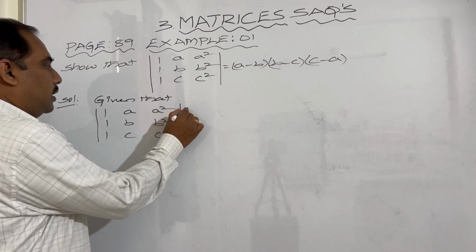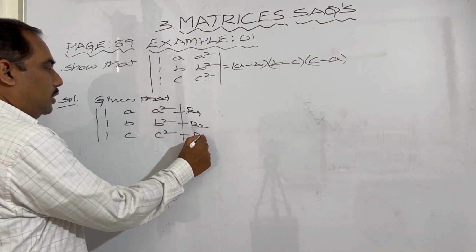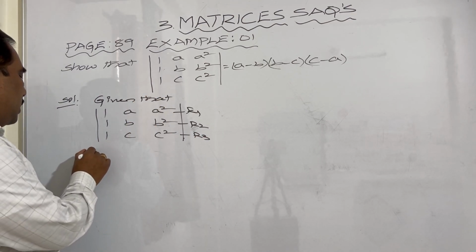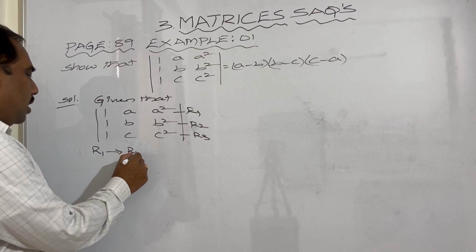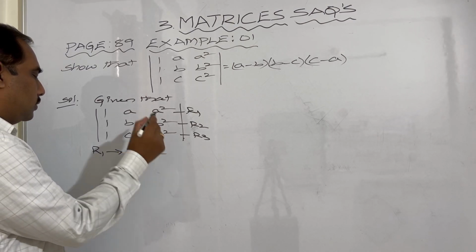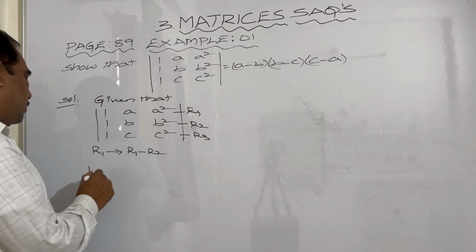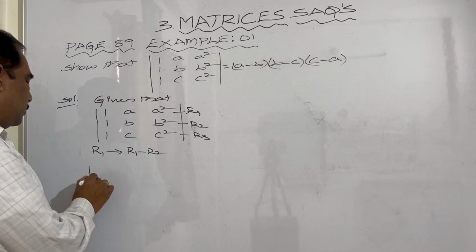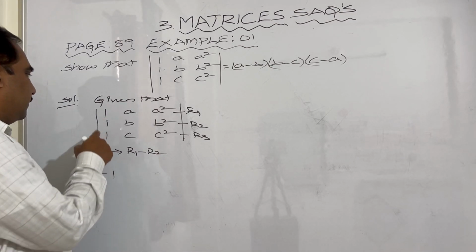This is R1 here, this is R2, and this is R3. Now R1 goes to R1 minus R2. I am subtracting R2 from R1, writing in the place of R1.